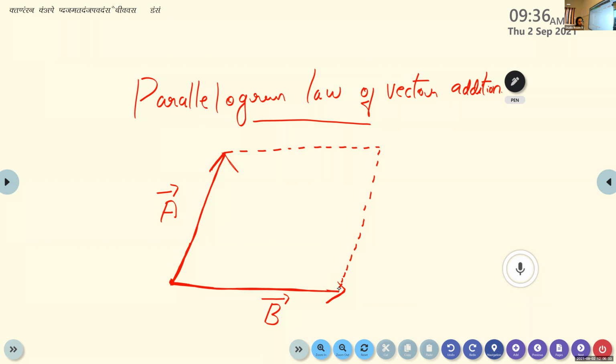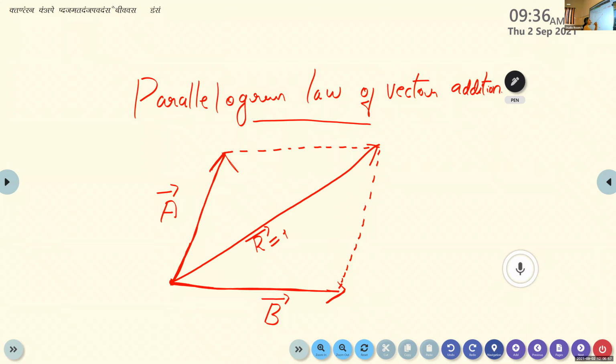Then, according to the parallelogram law, the resultant vector represents the diagonal of the parallelogram with the same starting point.